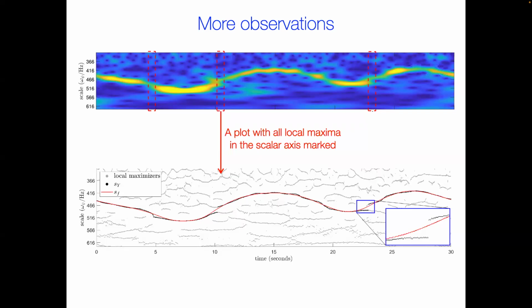Now, do you see anything interesting? Here, the red line is the clean signal's ridge. Over here, the curve is continuous, but there is a discontinuity in the local maxima.